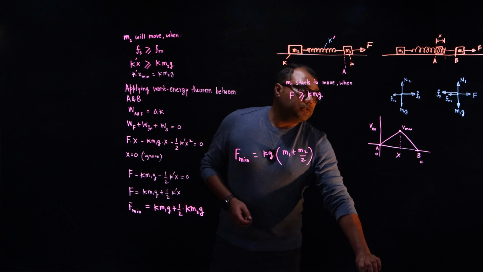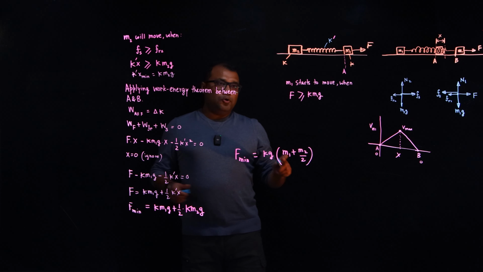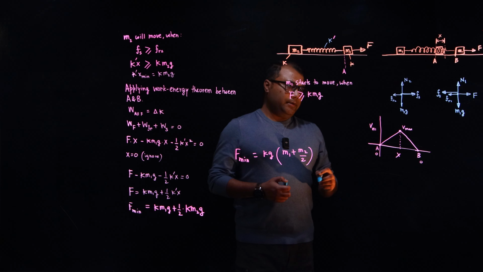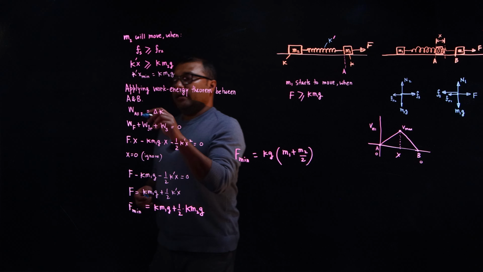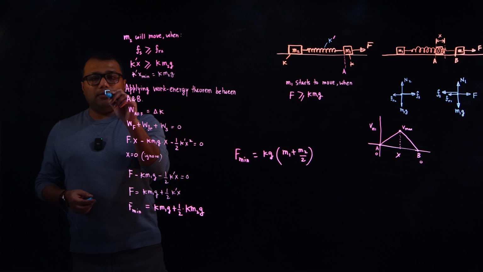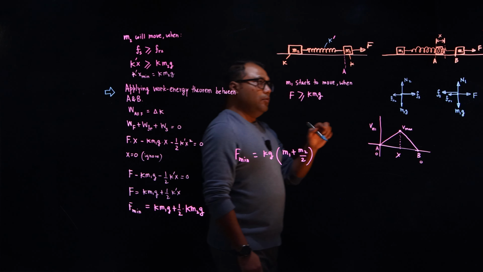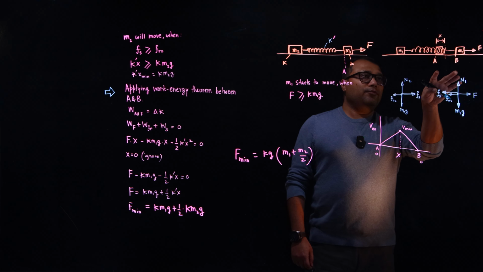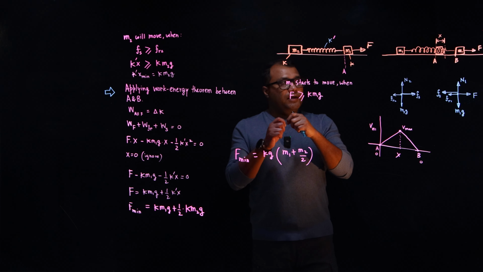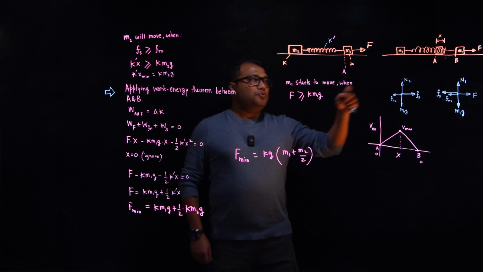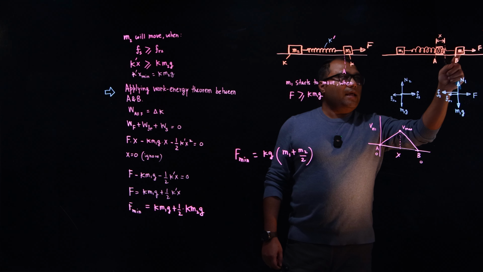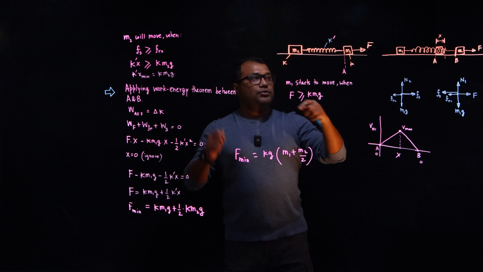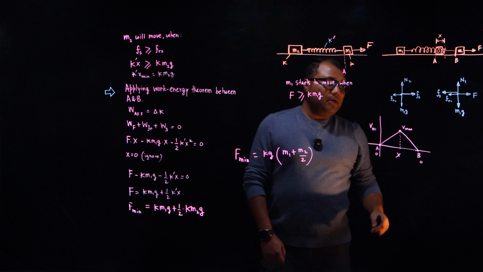Okay. So just to go back and understand what happened here, the key is where we apply the work energy theorem. We break down the motion of m1 when it is starting. Due to the effect of F, it is accelerating, but as x grows, the spring force is increasing.